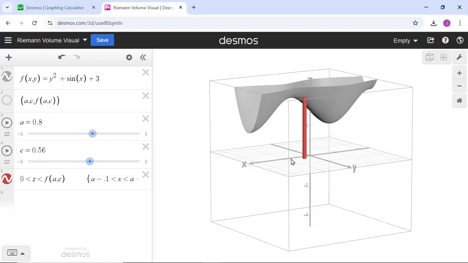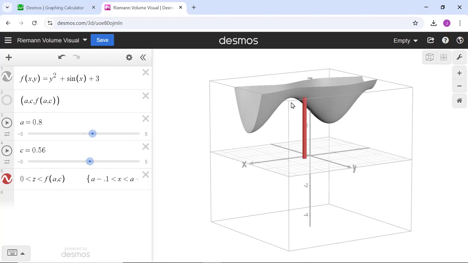So if the region is from X from 0 to 2 and Y from 0 to 3, I'm going to fill that region up with bars just like this. Let the size of those bars in terms of their widths and their lengths go to 0. Their heights are always going to be determined by the top where they hit the surface.